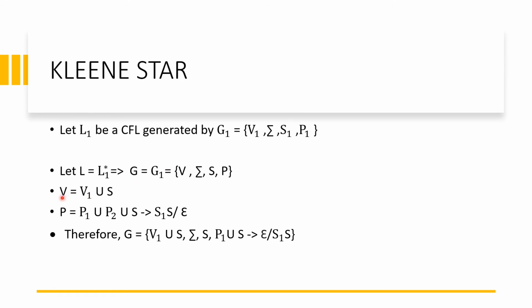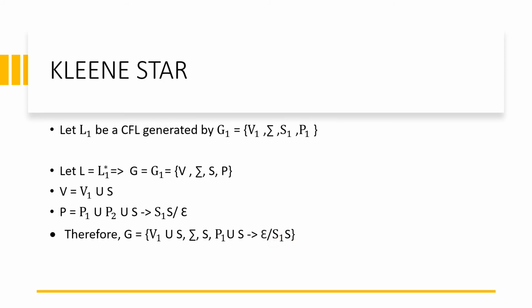Here V is equal to V1 union S, and the production rule P is P1 union S implies S1 S / epsilon, which can also be known as a recursive rule. Therefore, G equal to V1 union S, sigma and starting symbol S. The production rule is P1 union S implies epsilon / S1 S.